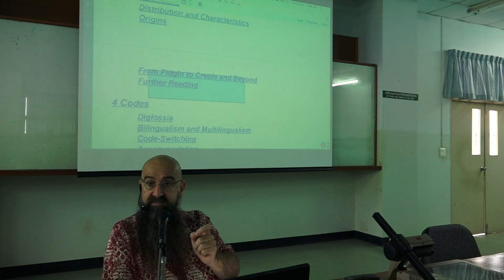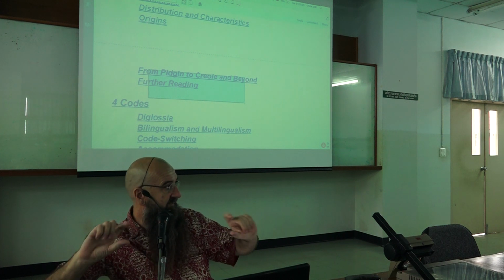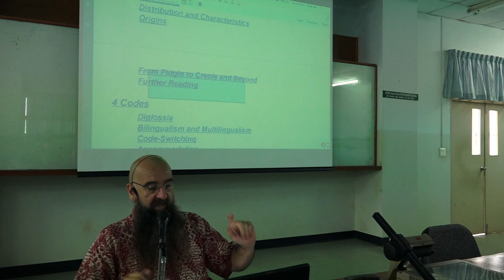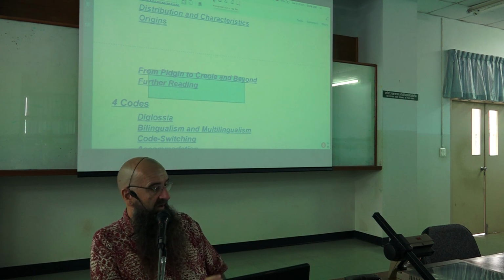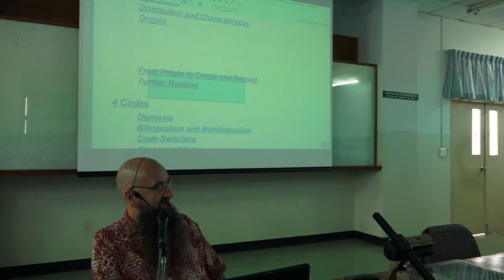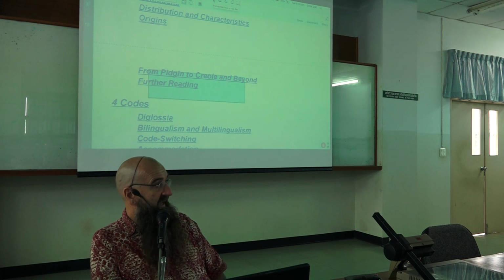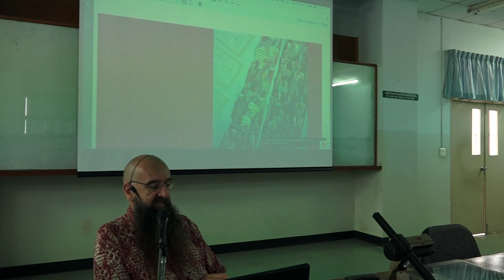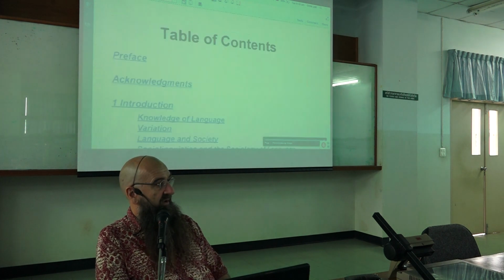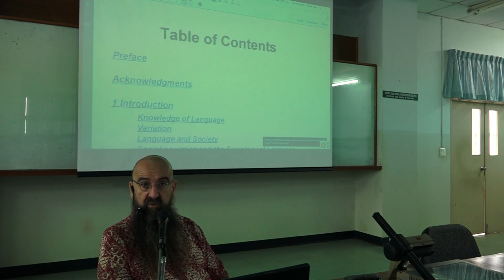Am I going too fast? You need to give me some feedback. Okay, good. So after you've downloaded a PDF, check to see whether it's been OCR'd. If it hasn't been OCR'd, then you press Recognize Text, and you've got to get your computer to crunch it through.